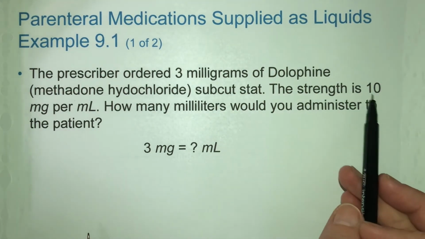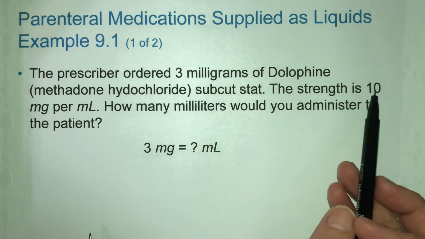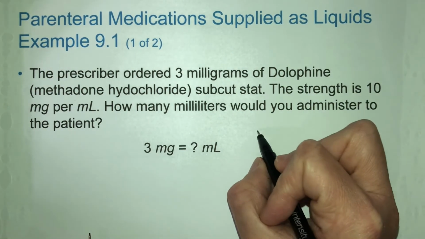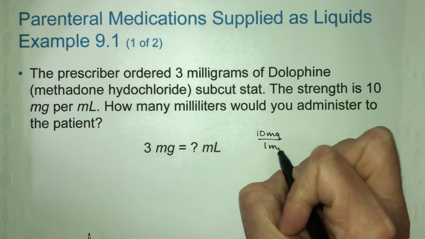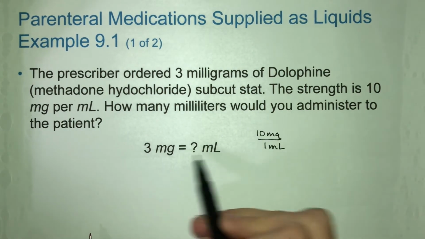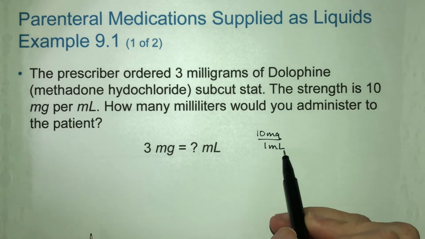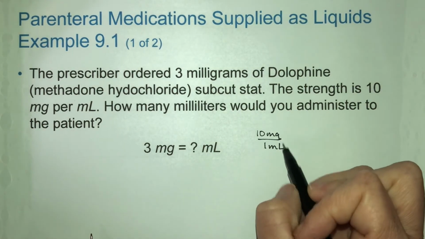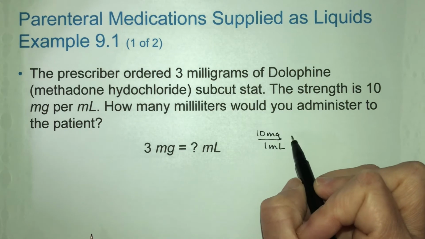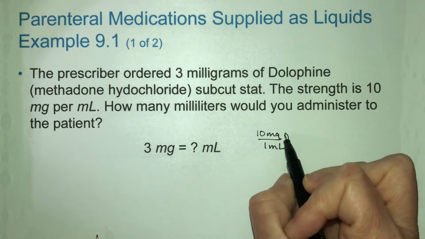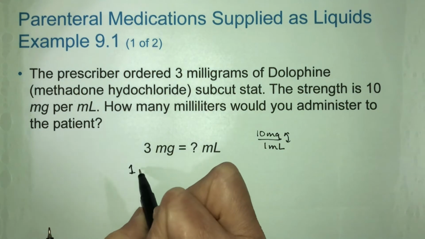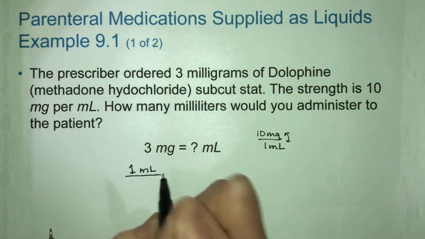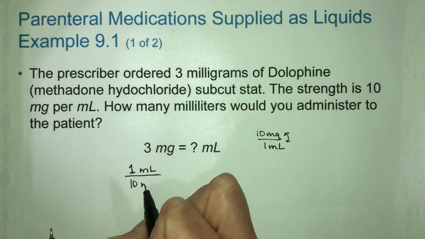What I mean by that is if I normally wrote down this strength, I would write 10 milligrams per 1 milliliter. Since I'm trying to end up with milliliters, I'm going to put milliliters on the top. This relationship, this ratio, can be flipped. So I can write 1 milliliter per 10 milligrams.